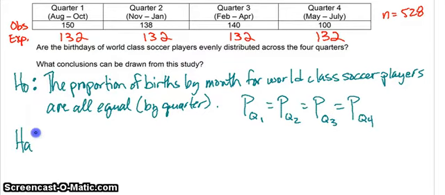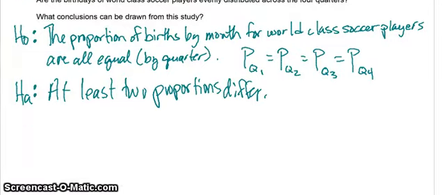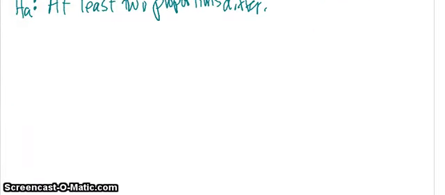And then my alternative is at least two proportions differ. All right. Next up, conditions. We're thinking IRE.